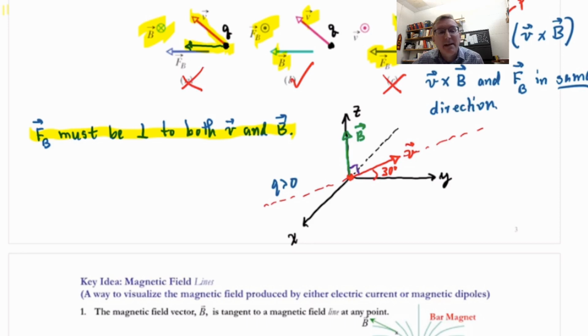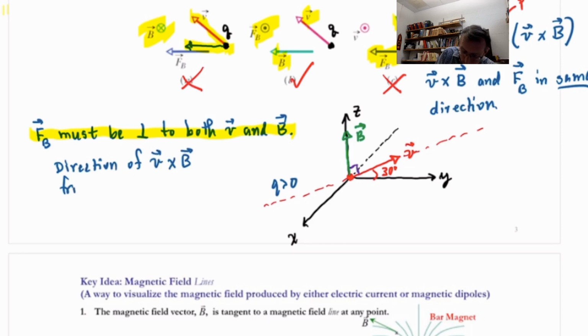Let's get the direction of that F magnetic. First, use the right-hand rule to get the direction of V cross B. Try that and see what you get. Well, I like the two-pen method. I'll have a red pen for V and a green pen for B, and I'll hold them with my left hand with a common tail.